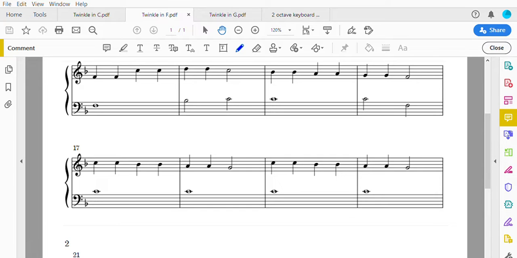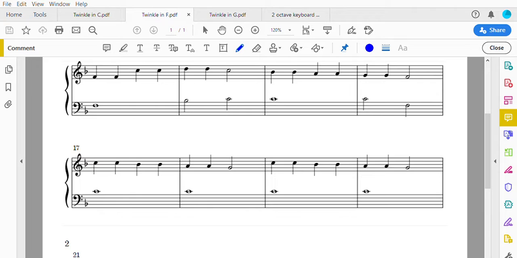The first thing we looked at in Twinkle Twinkle Little Star in C is the distance from our first note to our next note. So I'm going to continue to mark this. And I told you yesterday that transposition is like drawing the same picture with different colors.